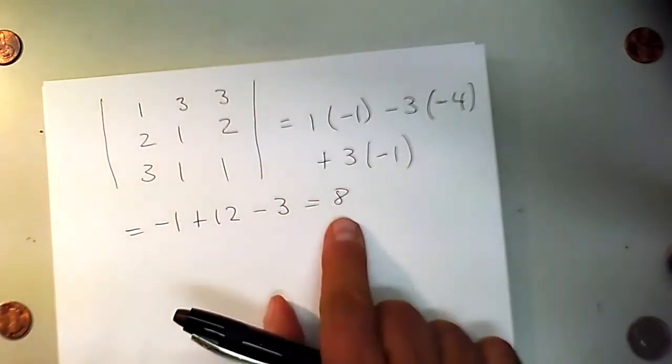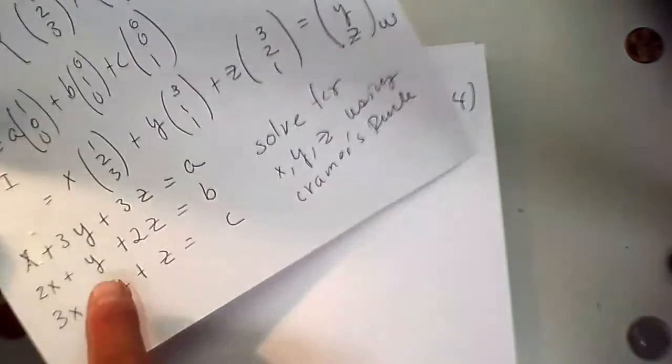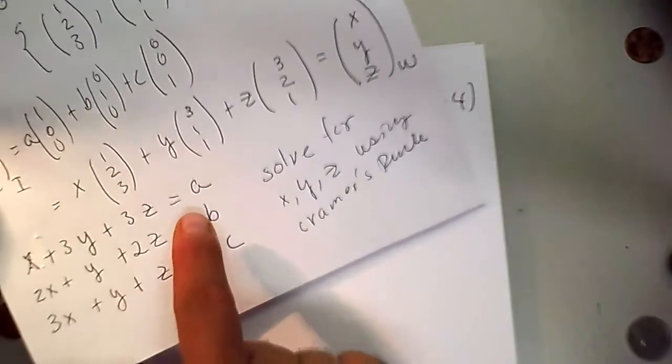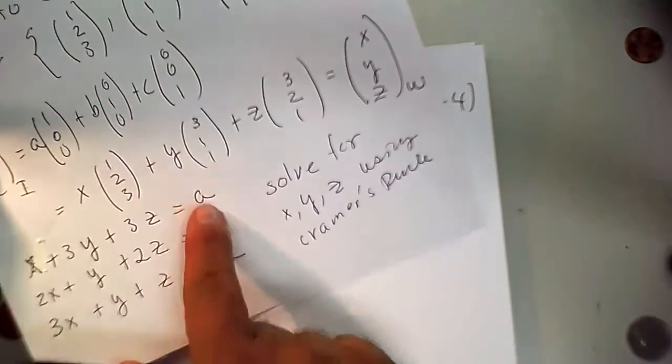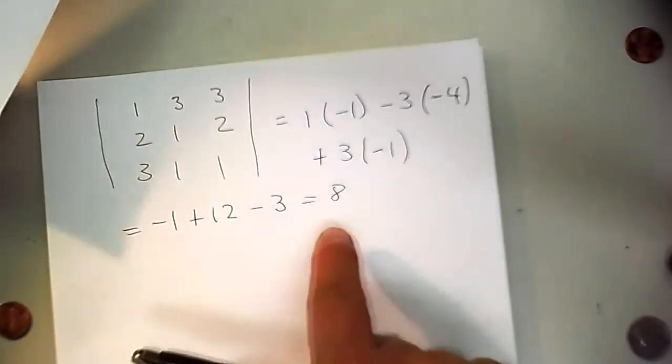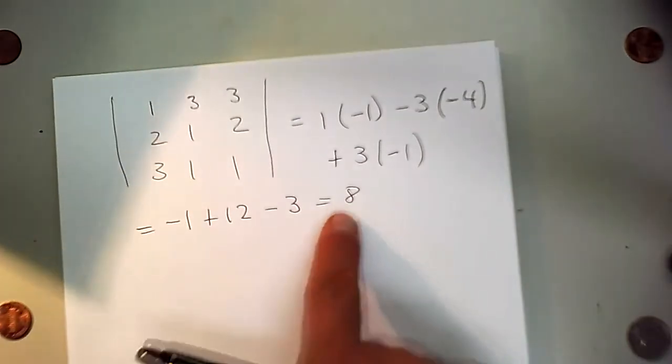And I had a suspicion that it was going to be 8 because the system of equations is very similar to the system we had earlier. Remember, we were solving for 1, 0, 0, 0, 1, 0, and 0, 0, 1, and we ended up with a bunch of eighths. That is the reason.